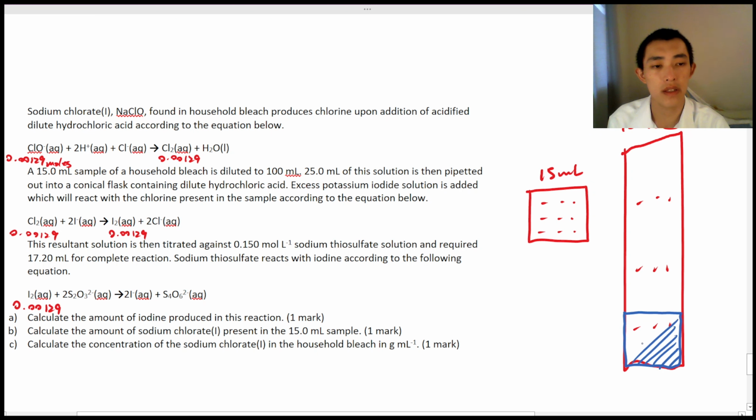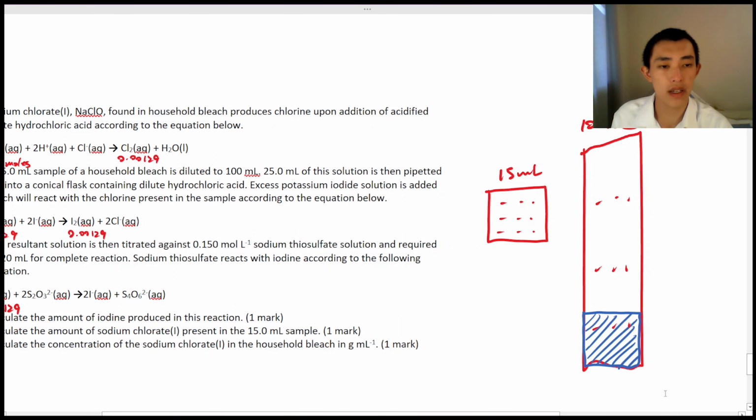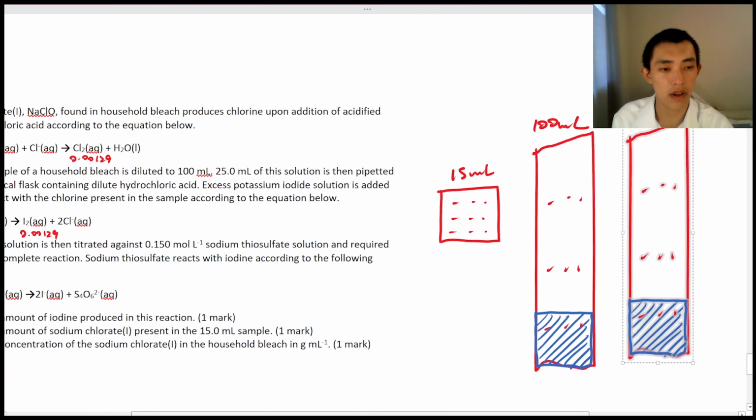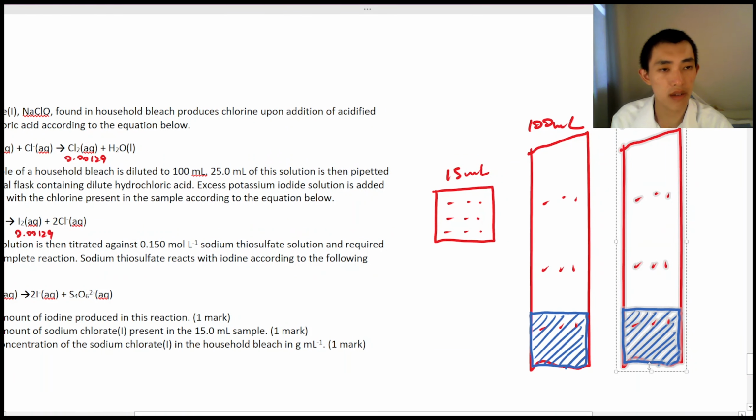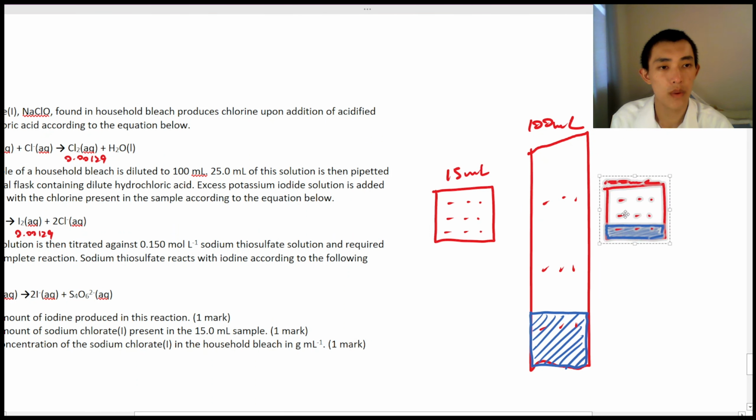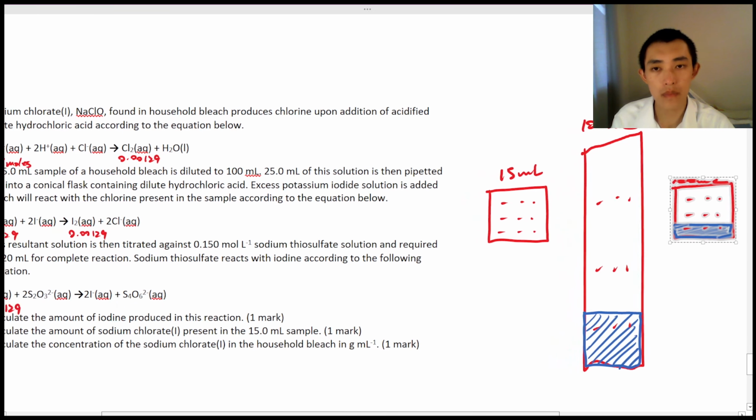So this blue section here is the part that's actually undergoing this reaction, right? Now, if I grab this diagram and shrink it back to the size of my original one, it's roughly the same.